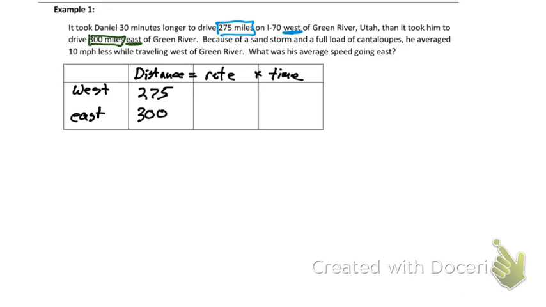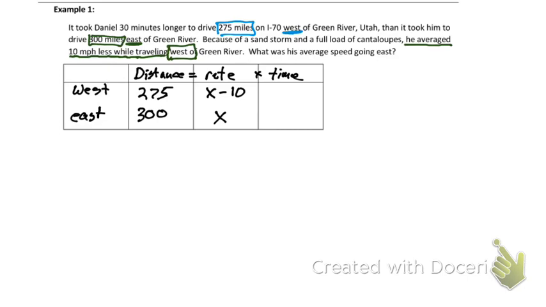I'm going to talk about the rate. I'm looking at the rate, and it says that he averaged 10 miles per hour less while traveling west. So I just want to have both things being the exact same. That means if I let my east rate be x, my west rate would be x minus 10.